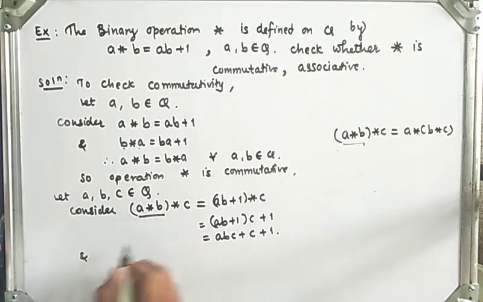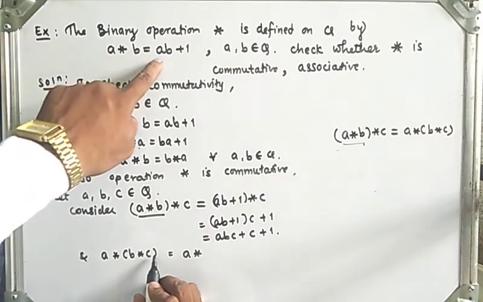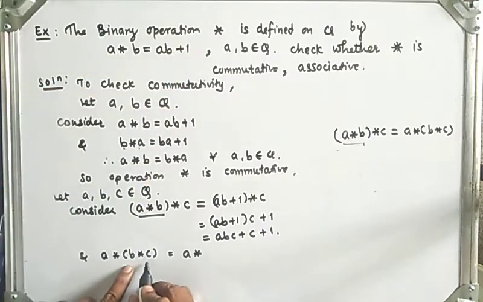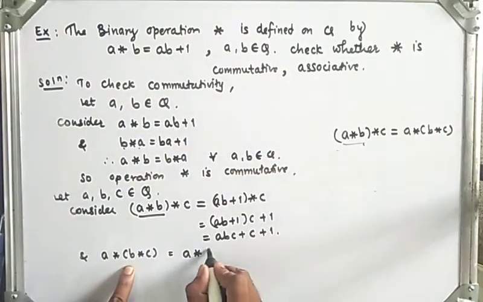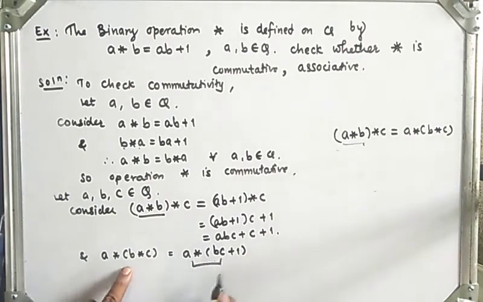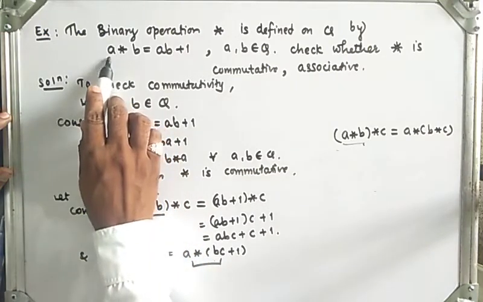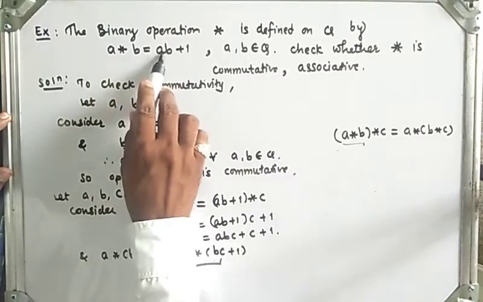And what is the RHS? A star (B star C) is equal to A star. Solving this, B star C is the product of these two numbers plus 1, which is B into C plus 1. Again here we have two numbers, and we know that the defined function A star B is the product of these two numbers plus 1.